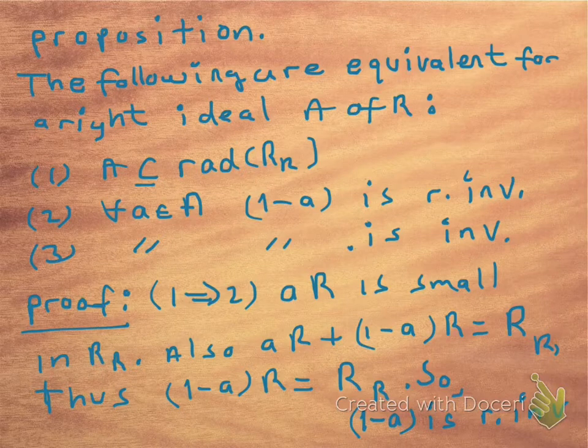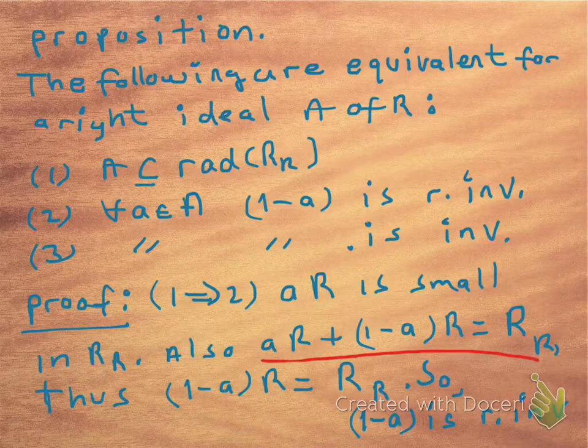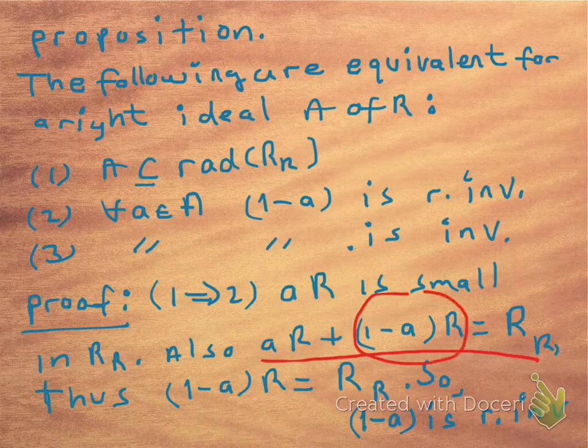So, that is why aR is small in R. Well, notice that aR plus (1 minus a)R is equal to R, and by smallness (1 minus a)R must be all of the ring R. But then this means there's an element r such that (1 minus a) times r is equal to 1, the unity of the ring. Therefore 1 minus a is right invertible.